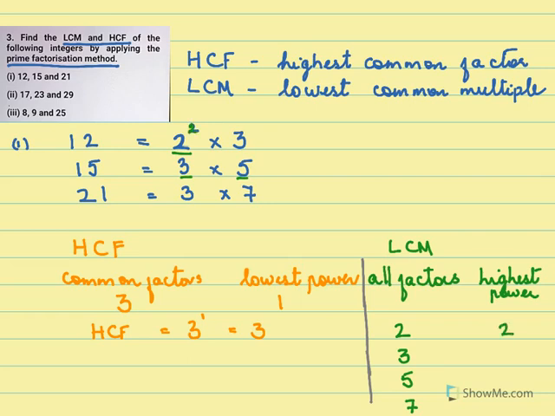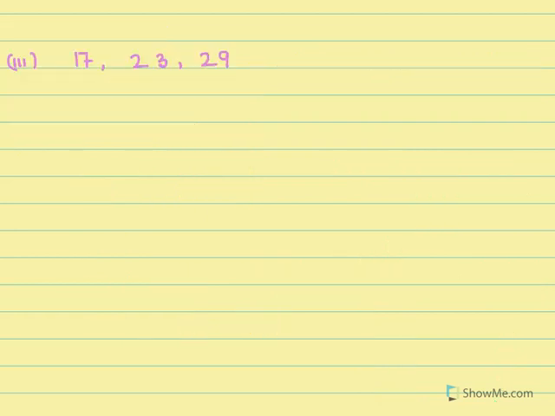Which is the highest power of 3? Here is 3 raised to 1, 3 raised to 1, 3 raised to 1. Highest power is 1. Which is the highest power of 5? 1. Which is the highest power of 7? So the LCM will be all the factors 2, 3, 5, 7 with its highest powers. The highest power of 2 is 2, 3 is 1, 5 is 1, 7 is 1. So the answer here will be 4 into 3 into 5 into 7, which is equal to 420.